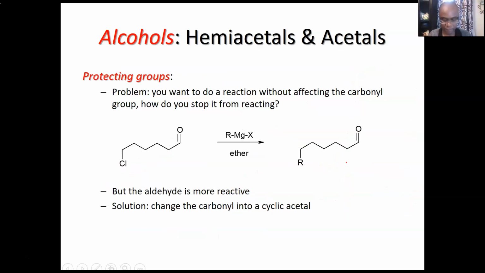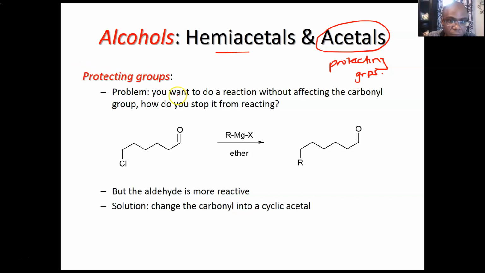So what the aldehyde can do, the ketone can do. But aldehydes are more reactive than ketones because they are less sterically hindered. The carbonyl is less sterically hindered. So we usually use acetals as protecting groups, and I'm going to explain that.